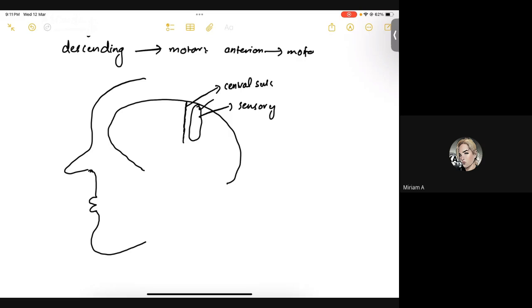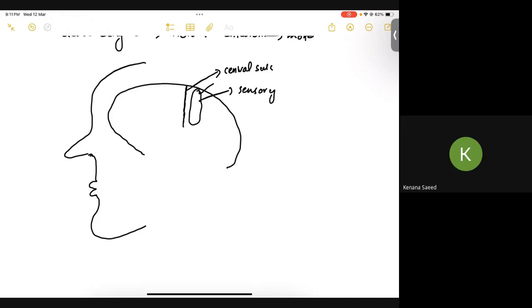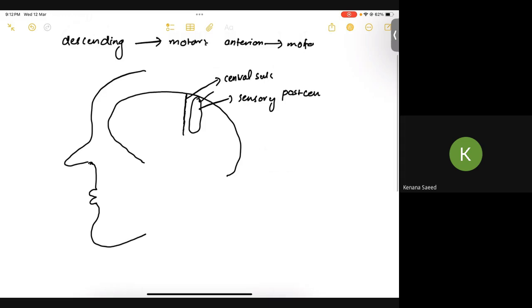And this area is also known as the post-central gyrus, right? So behind the central sulcus you have an area where all of the sensory information is going to relay. That's known as the post-central gyrus or sensory cortex.